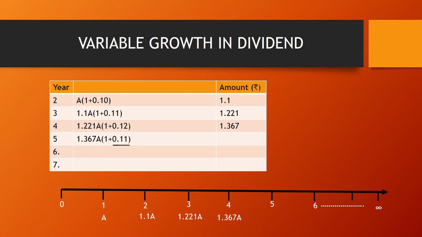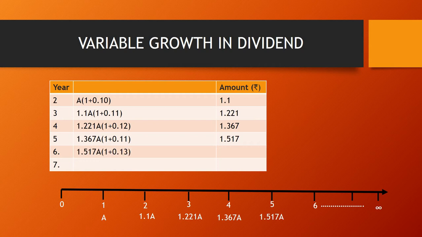It's not compulsory that if we are getting 12% one year, in the next year I am going to get 13%, 14%. Maybe my dividend amount is increasing, but the growth rate can decrease. So my growth rate here is 11%, and the amount will be 1.517.